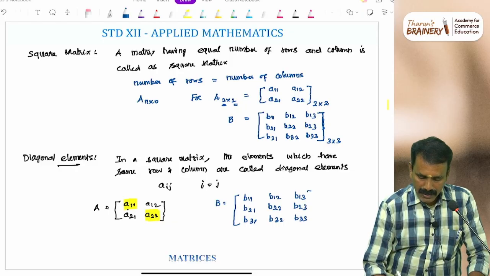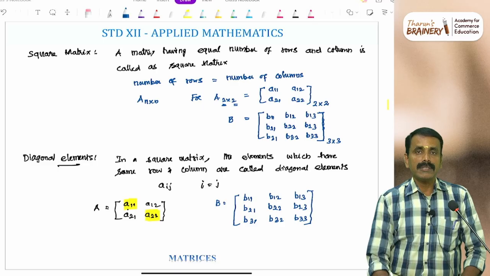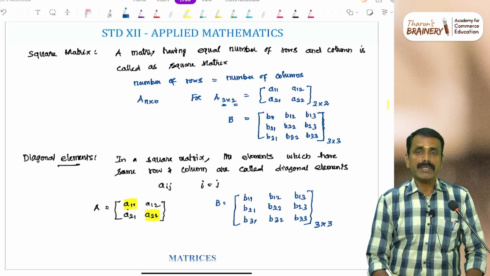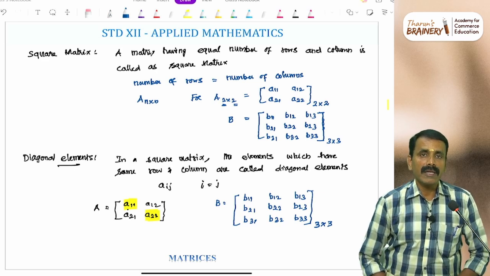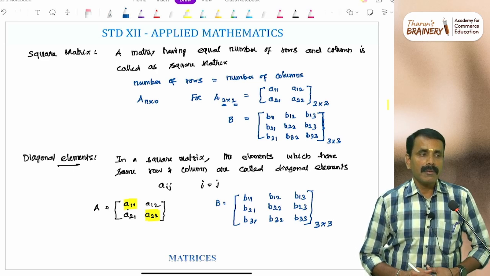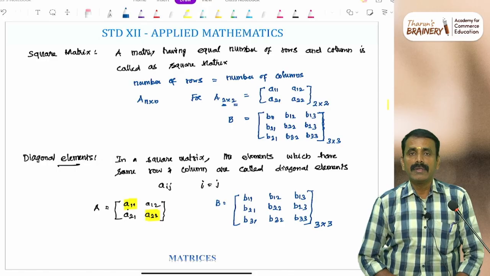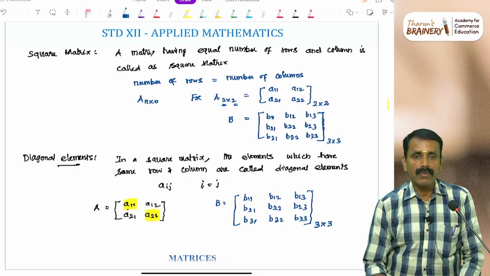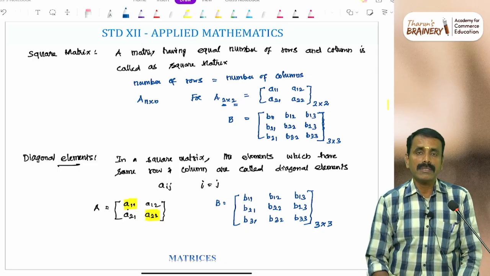Now tell me how many rows and how many columns this matrix has? This matrix has 3 rows and 3 columns. So naturally it becomes a square matrix. Now tell me which are the diagonal elements? The diagonal elements are the elements which have the same row number and column number.